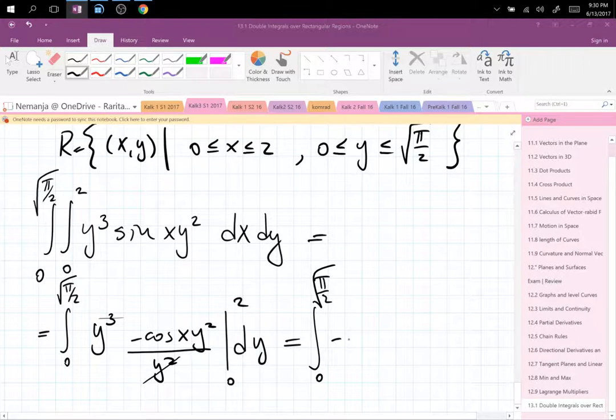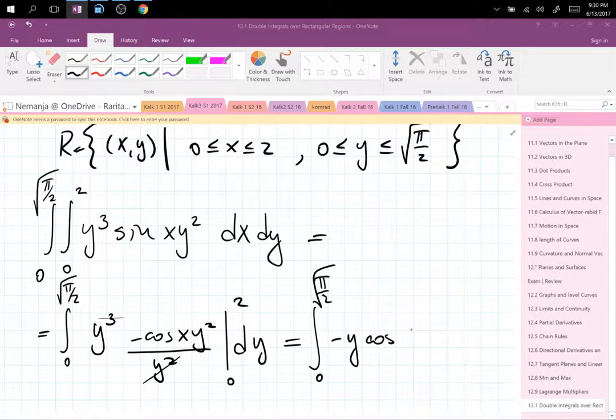So we have negative y cosine. You have to be very careful here. Cosine of 0 is 1, exactly.